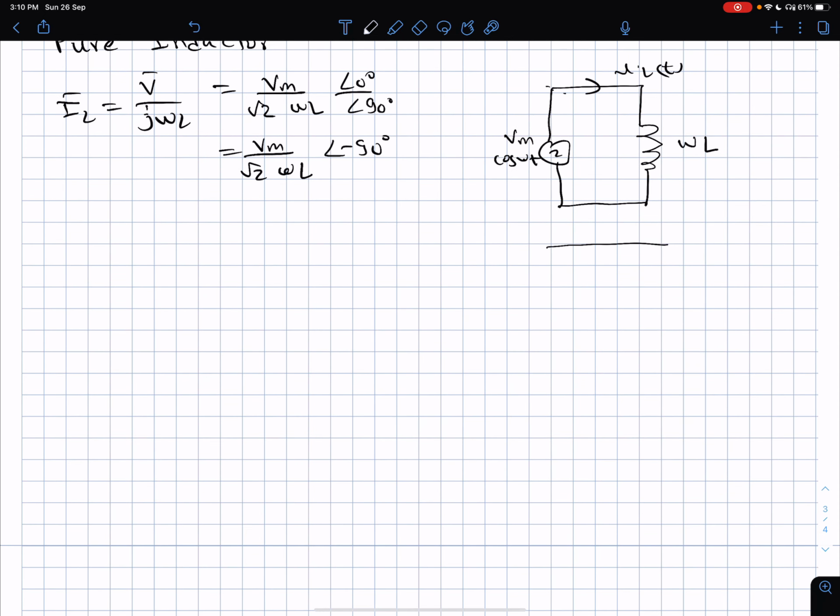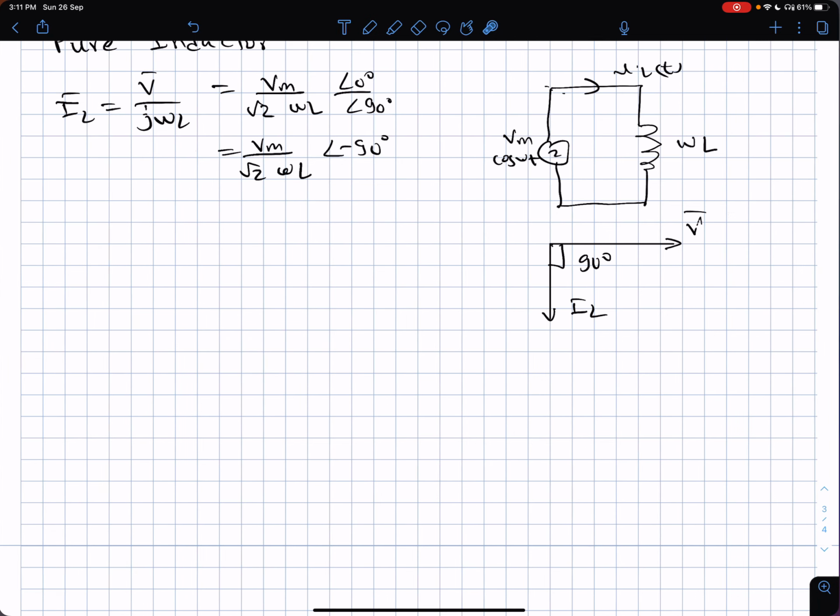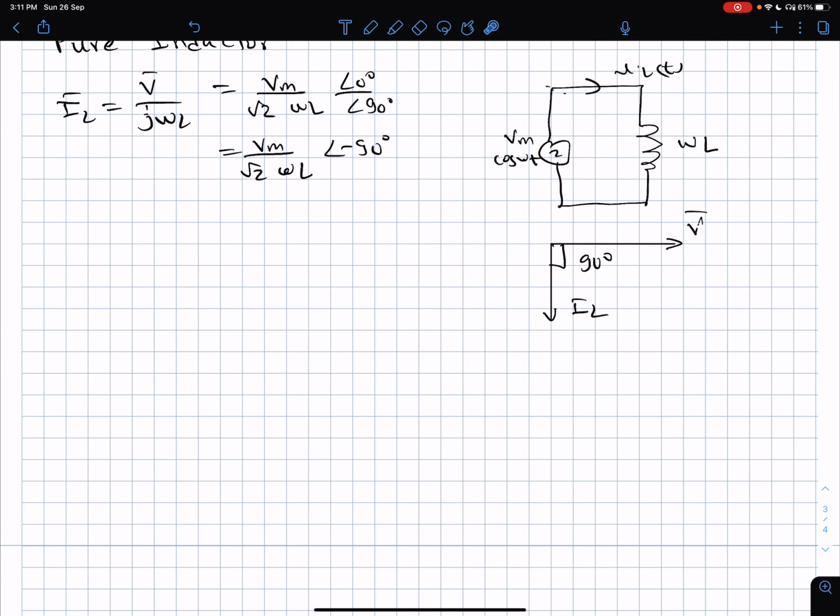So if this is taken as the voltage waveform reference, then the current iL lags my supply voltage by 90 degrees, and the RMS value has to be scaled by omega L. The peak also has to be scaled by omega L, and this has to be 90 degrees.